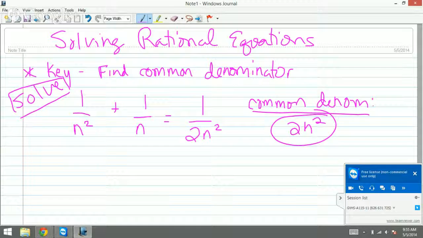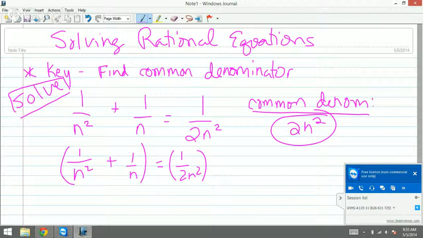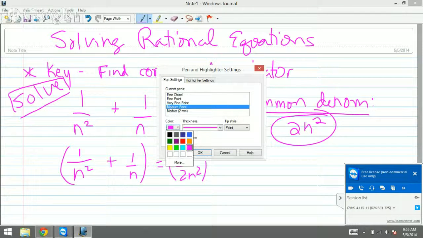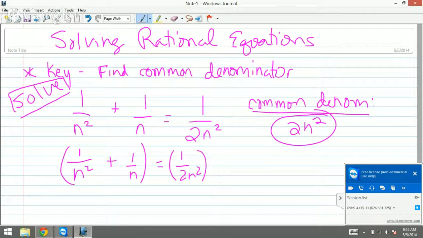Now what we're going to do, I'm going to rewrite it. We're going to multiply each side by 2n squared. And it's going to make this problem really straightforward. Of course, I've said that before, right?